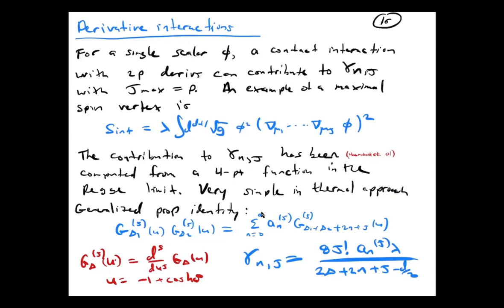So the mathematical problem is to take a product like this and expand it in terms of a sum over propagators of symmetric traceless tensor fields and derivatives of those. If you can expand this in that basis, then the coefficients will just be the anomalous dimensions. So the expansion coefficient in front of the spin p propagator will give you the anomalous dimensions for spin p double trace operators.